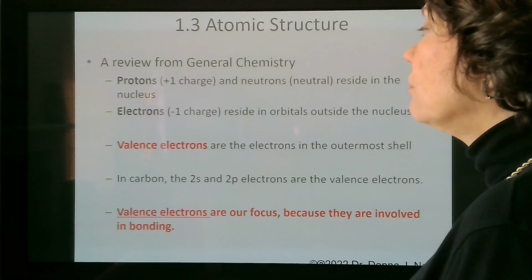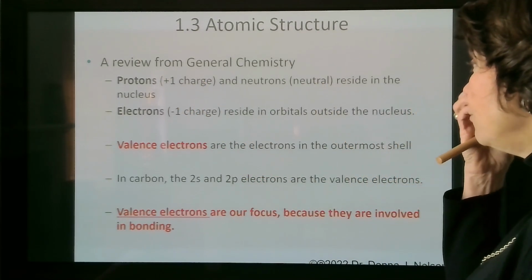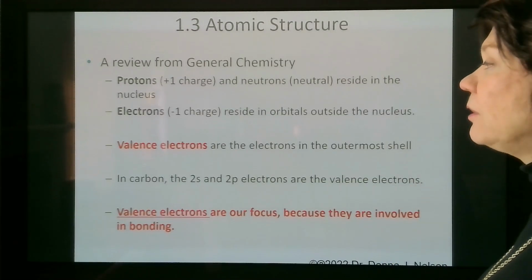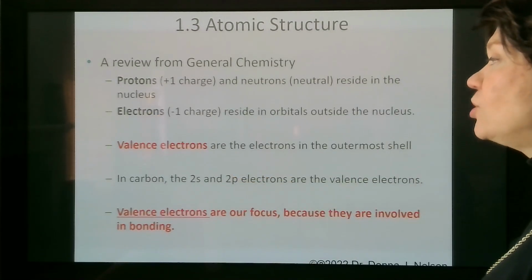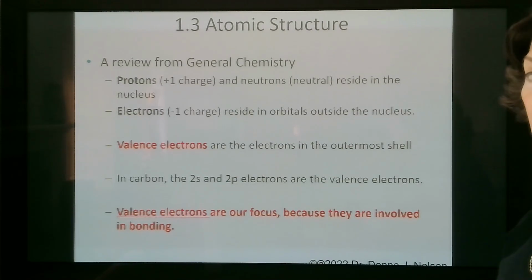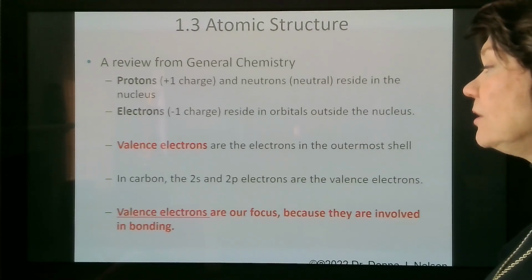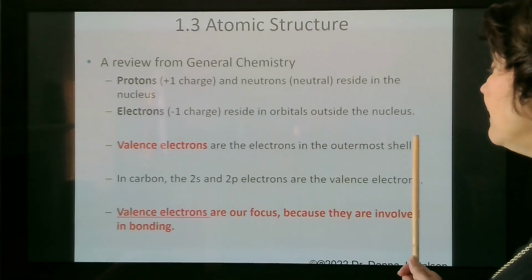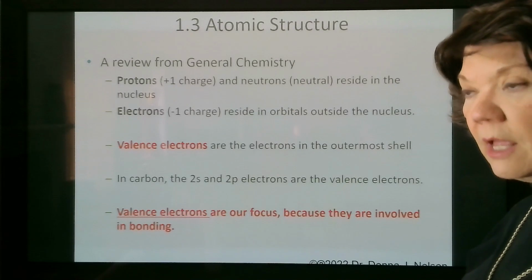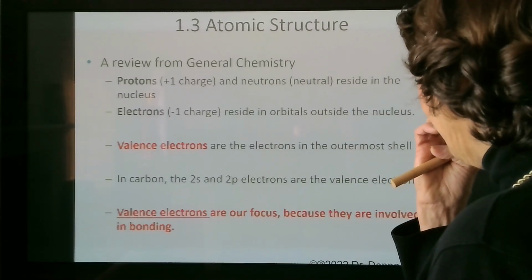A review from general chemistry: protons contain a +1 charge, neutrons are neutral, these reside in the nucleus, and then electrons, each of which bears a -1 charge, populate the orbitals outside the nucleus. The valence electrons are the electrons in the outermost shell, and those are the ones that we'll focus on because those are the ones that react.